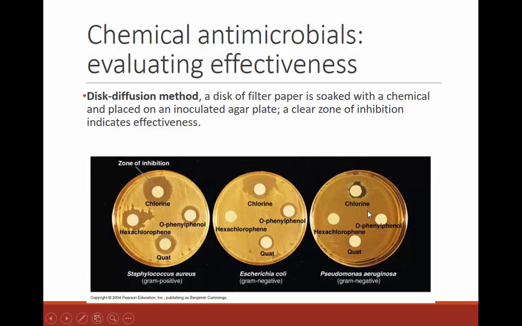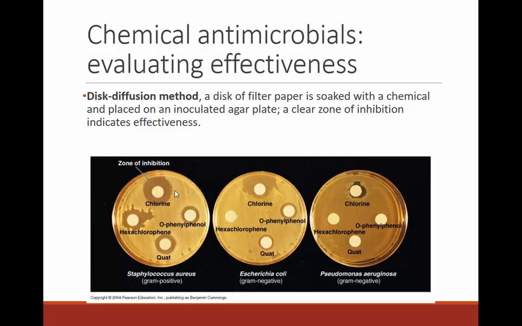Okay, so they're grown as a lawn culture across, or inoculated across, the surface of an agar plate. Then you get particular discs that have been soaked in, or impregnated with, a particular solution or antibiotic or something like that, and then you aseptically add that to the surface, and then you grow the plate.